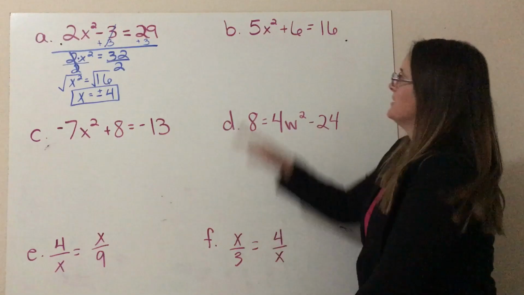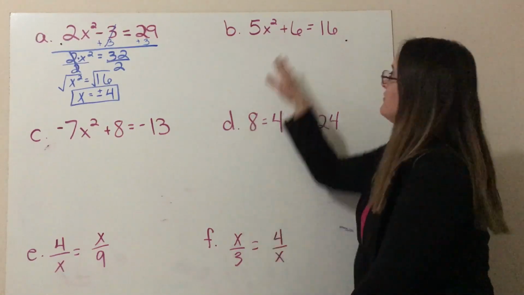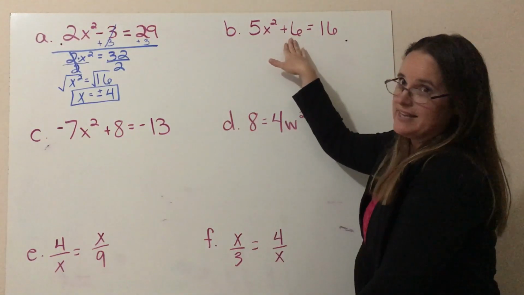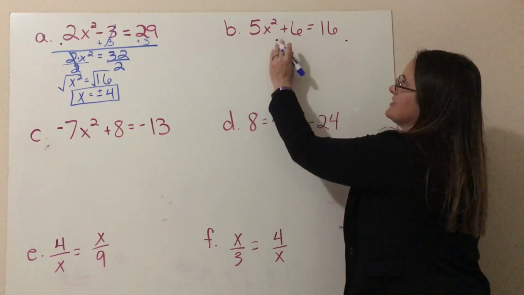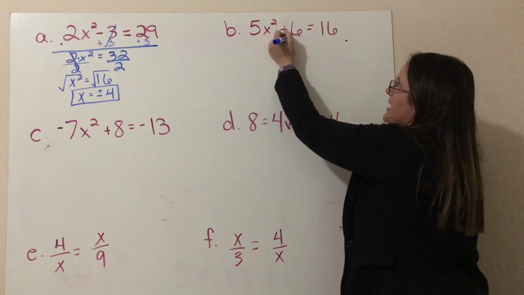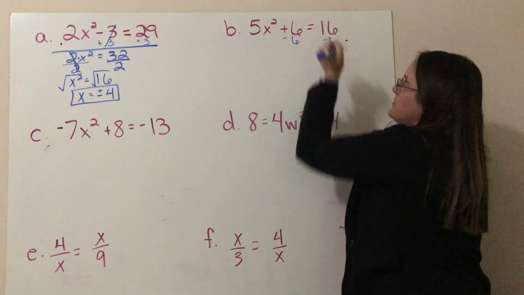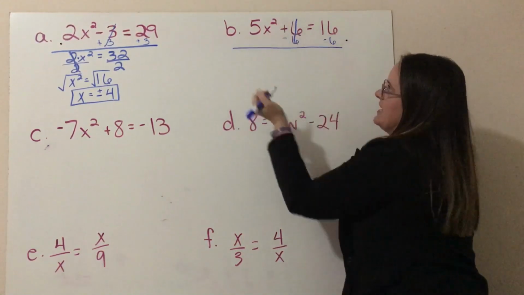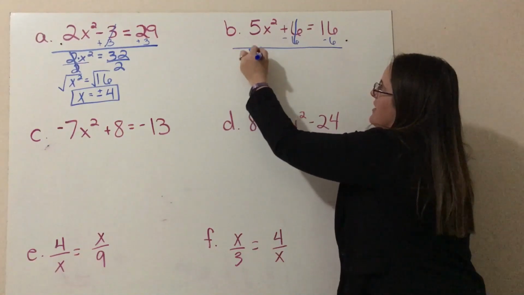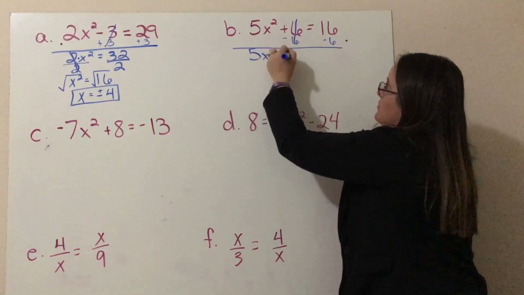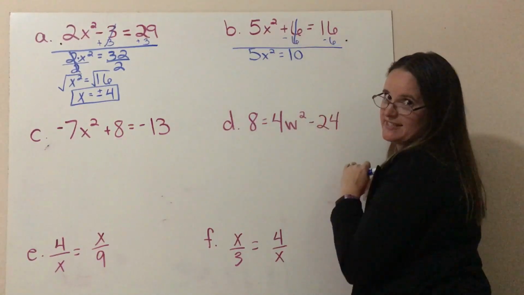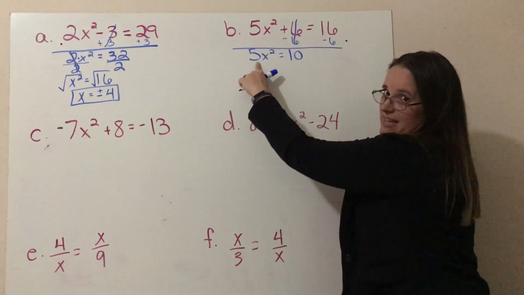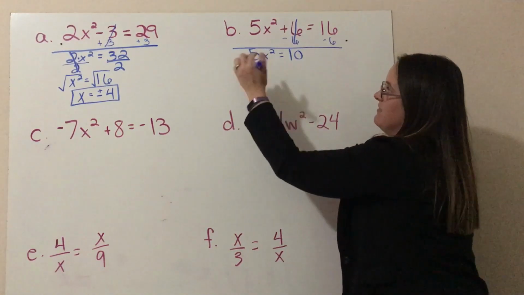Looking at B, once again, we want to get x by itself, so we're going to get rid of the 6 here. To cancel out a plus 6, inverse operation, we're going to subtract 6. Those cancel. We have 5x squared equals 10, 16 minus 6. Now we want to get rid of this times 5.